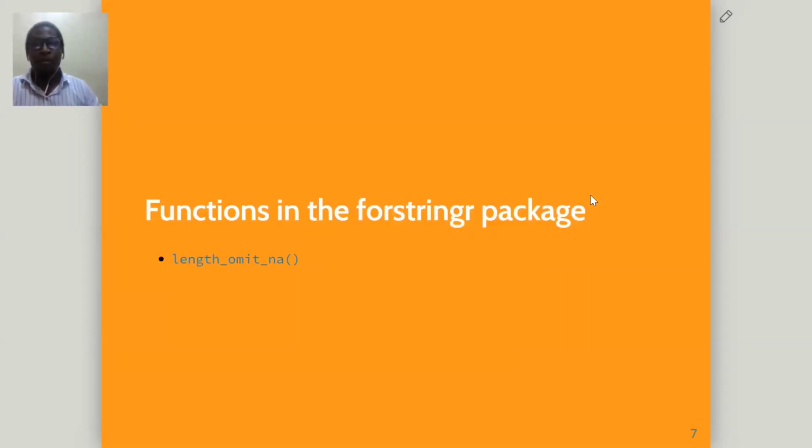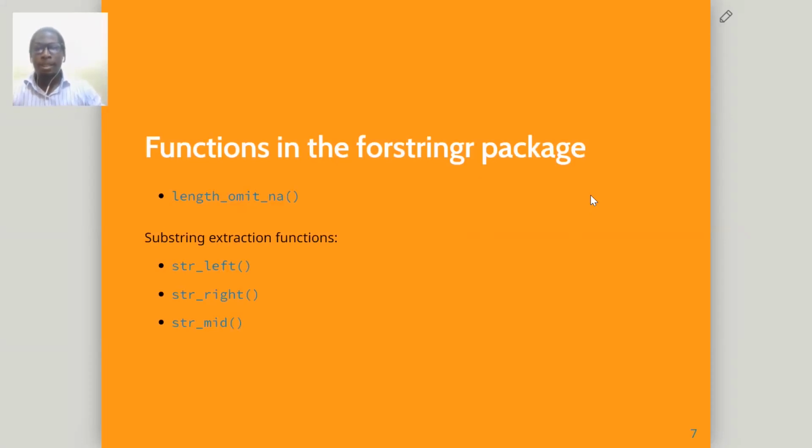Currently, there are 7 functions in the forstringr package, such as length_omit_NA, which counts the number of non-missing elements in a vector. Then we have 3 substring extraction functions: str_left, str_right, and str_mid. str_left tries to extract the string from the left, while str_right extracts the string from the right, and then str_mid extracts characters in the middle of a string.